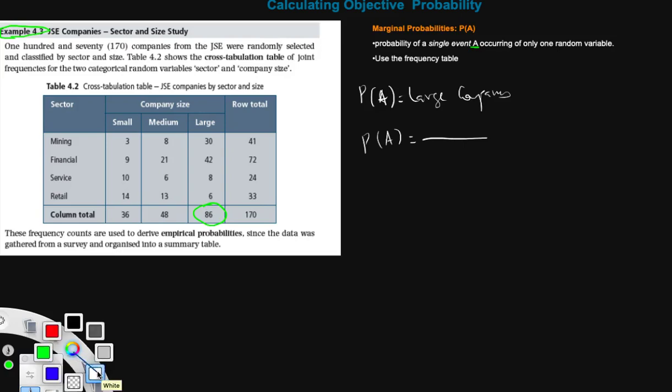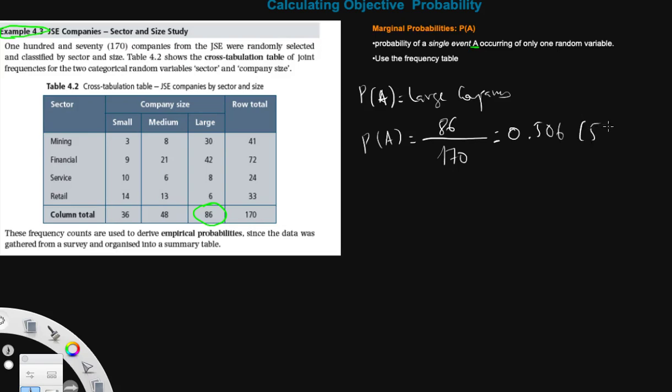So this is our R, 86, we divide it by N, which is 170, and we get this. Therefore, we have 50.6% chance of finding a large company.